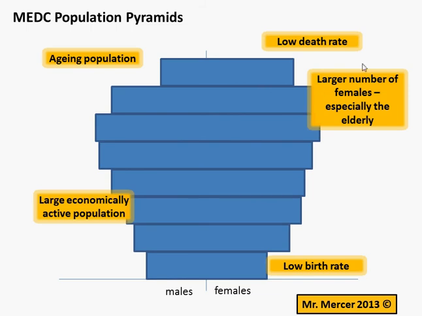Some subtler points to mention. The large number of females. Now, if this is evident on your graph, then you could suggest that it is because in the elderly population, maybe the oldest generations of people have fewer males than females because that generation of males was involved in a conflict such as the Second World War, where, of course, there were greater deaths amongst the males.